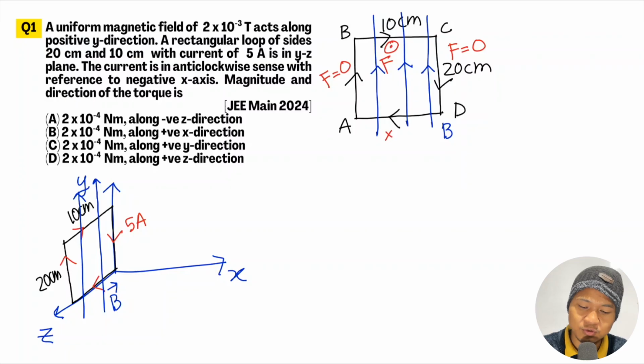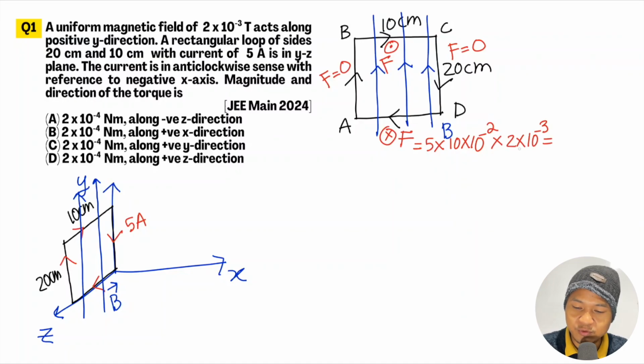The force value is I into L into B: current 5, length 10 centimeter, so 10 into 10 power minus 2, and B is 2 into 10 power minus 3. So 5 into 2 is 10, 100 into 10 power minus 5.